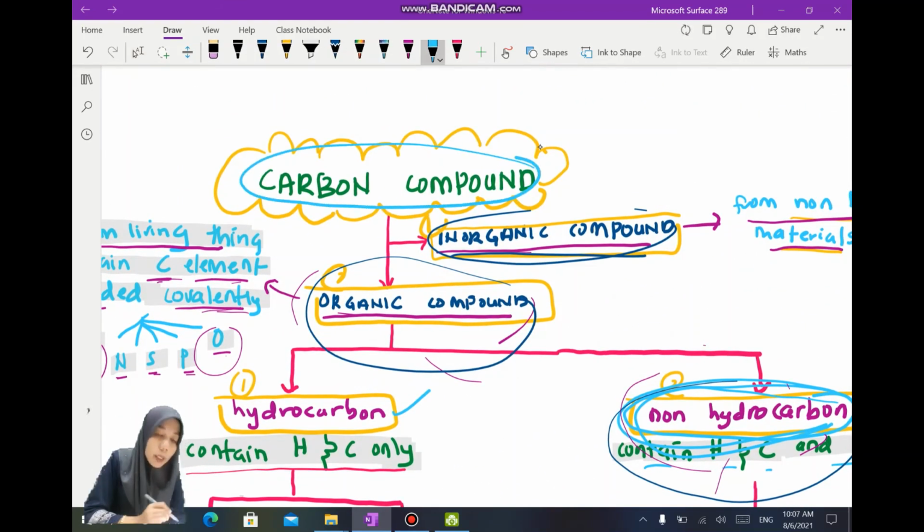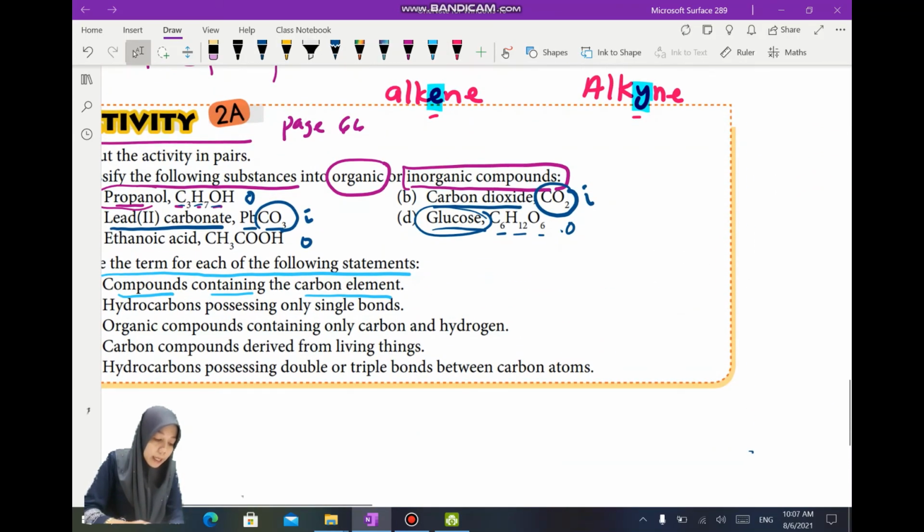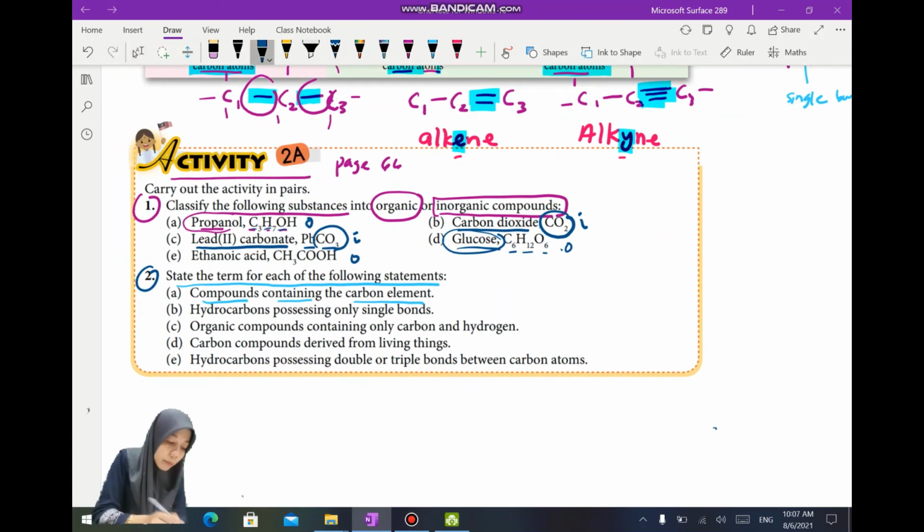Iaitu carbon compound. Carbon compound ni adalah sebatian yang mengandungi unsur karbon sebagai constituent elements yang merupakan unsur juzuknya. Dia mesti ada karbon. So kat sini adalah carbon compound.